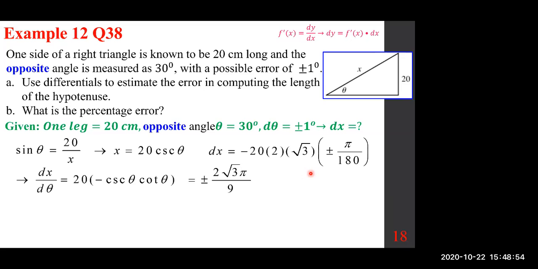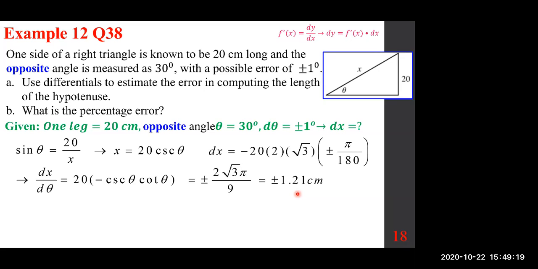If you evaluate with pi as 3.14159, it gives you plus minus 1.21 centimeters. So this is 20 centimeters with a maximum error of either adding or subtracting 1.21 centimeters.